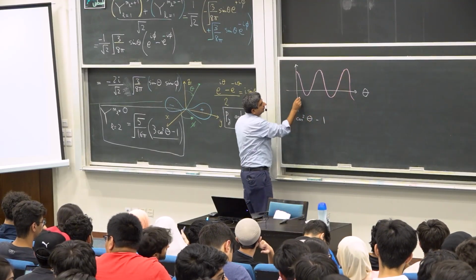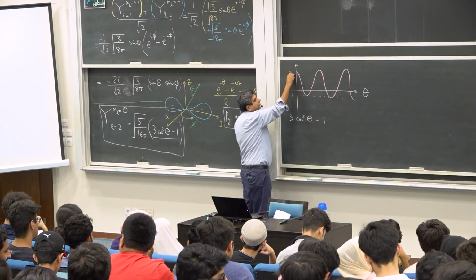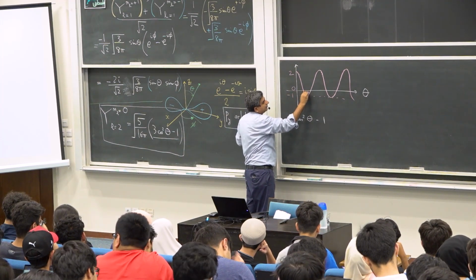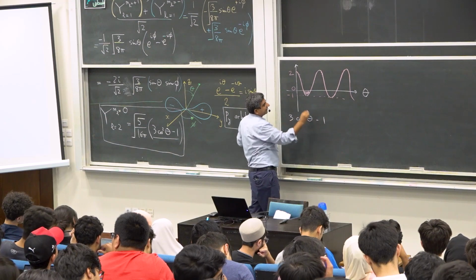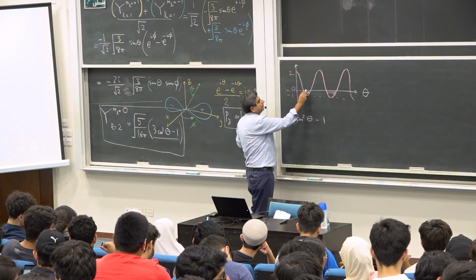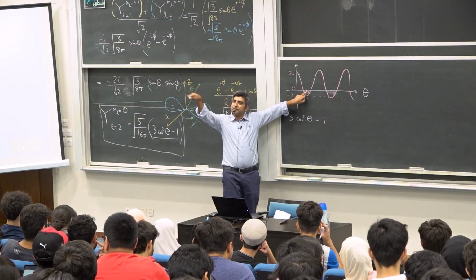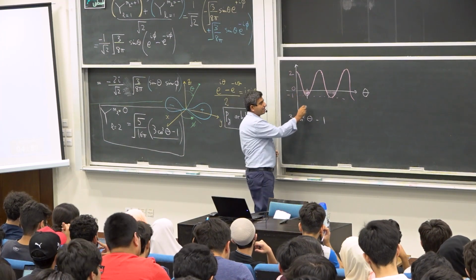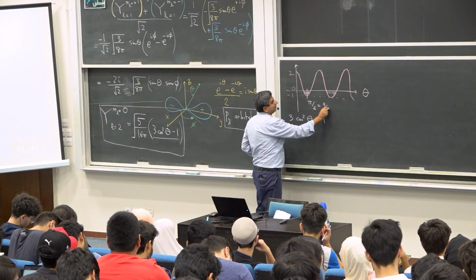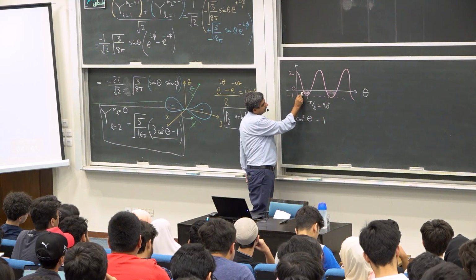This is -1, 2, this is 0. So this point is negative here, negative here. What is this value of theta? Excuse me. This is pi by 2, 90 degrees. And where is the 0 crossing? What's this point?